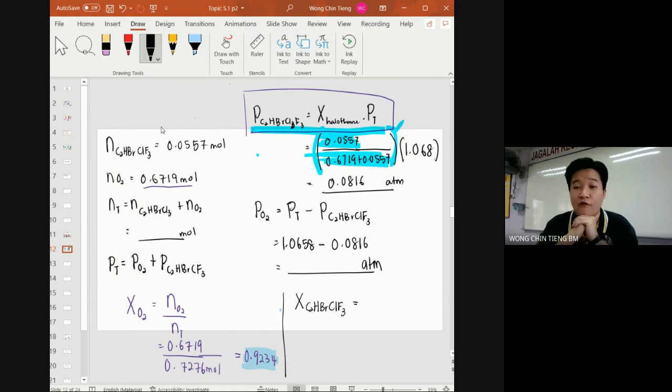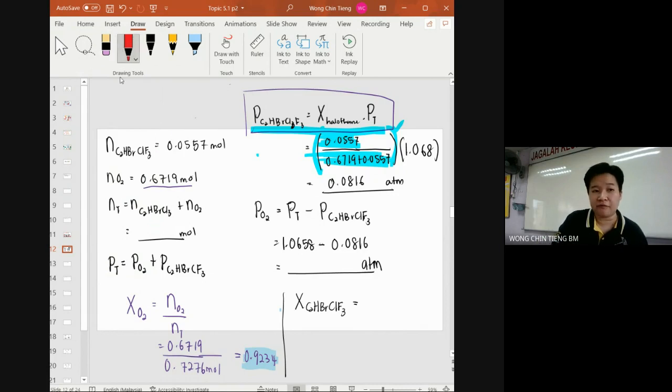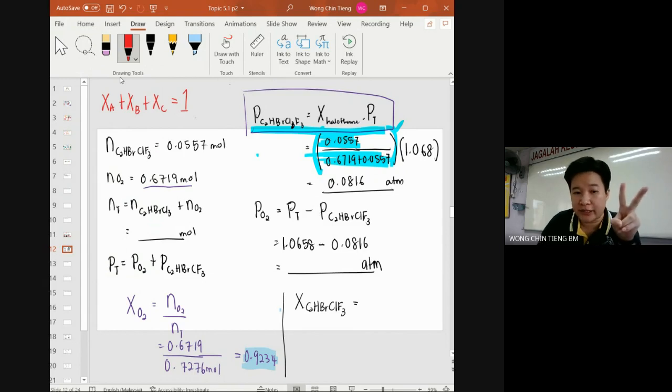The mole fractions of all your components must be equal to 1, no matter how many components you have. If I have 3 components, the mole fraction of A plus the mole fraction of B plus the mole fraction of C must be equal to 1. Since I only have 2 mole fractions over here, to find the other mole fraction, you can simply use 1 minus the one from earlier.